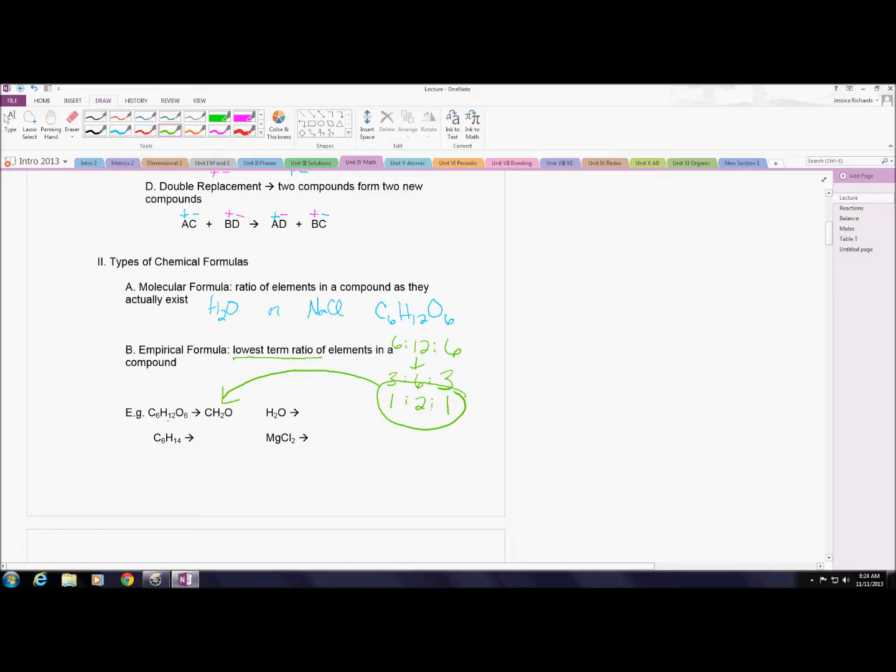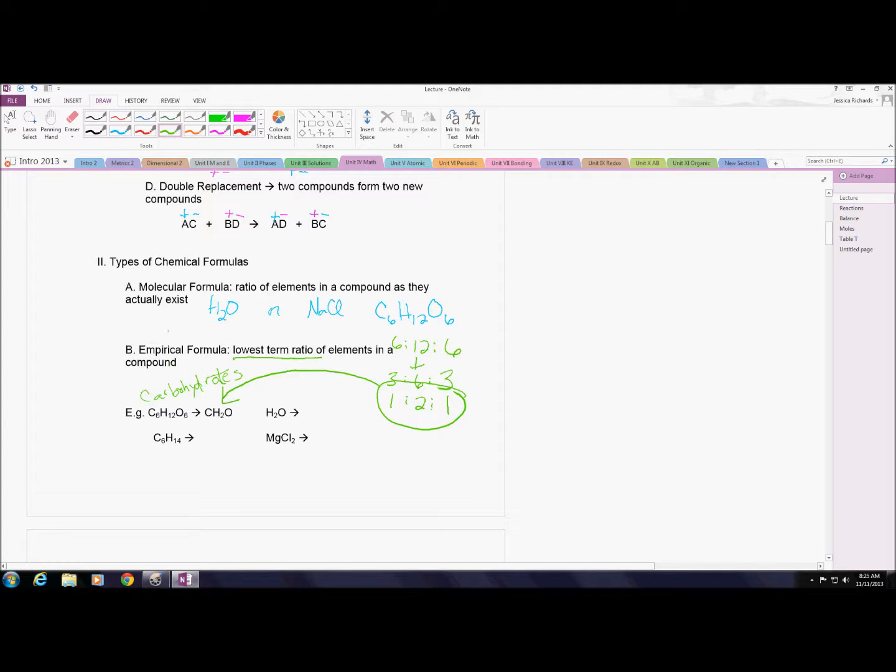C6H12O6, molecular formula, CH2O, empirical formula. For the most part, things that have molecular formulas that are different from their empirical formulas are organic compounds. This happens to be an example of a classification that you should have learned in biology as carbohydrates.